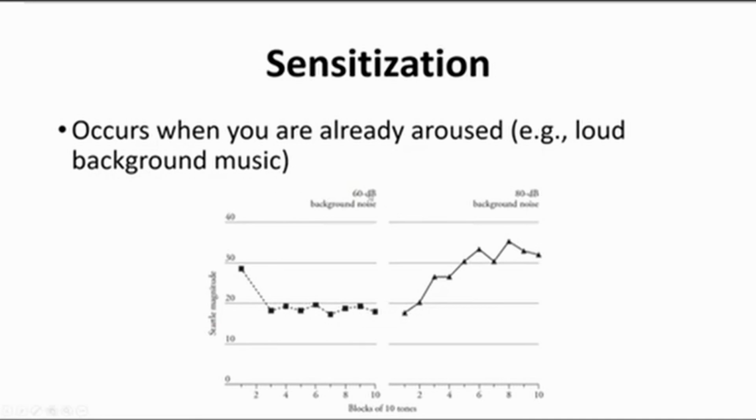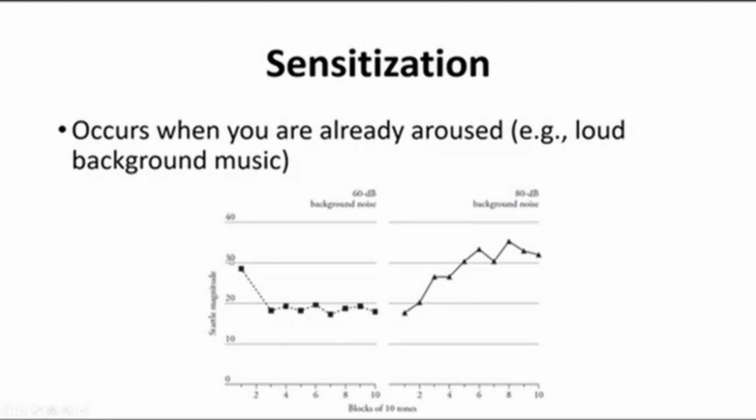So in a sort of normal situation where the background noise is only about 60 decibels, so 60 decibels isn't overly loud. It would be kind of like where I'm sitting right now. I can hear my computer fan. There's a little bit of an electronic hum, but nothing too intense. And so in this situation, the first time that the loud tone sounds, the rat jumps, has that startle response.